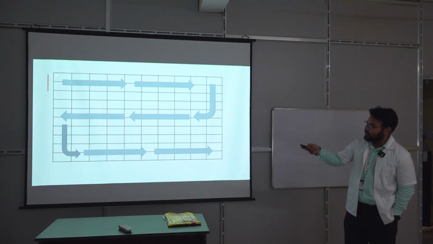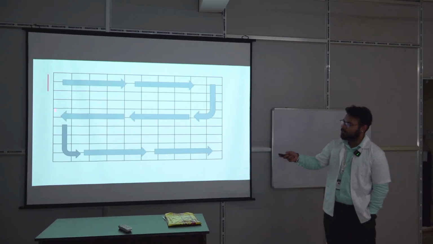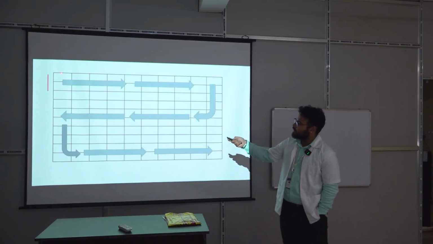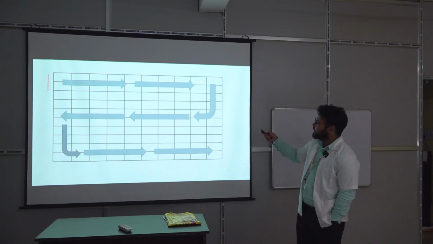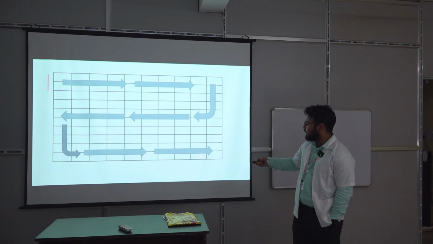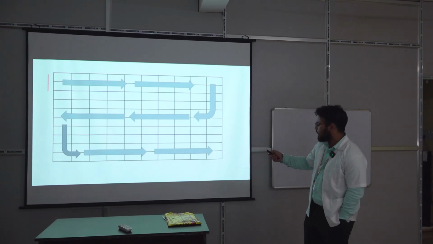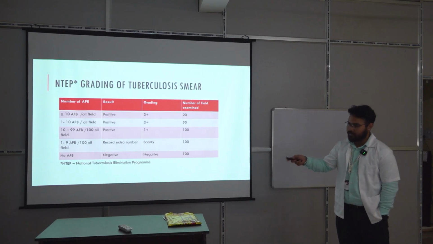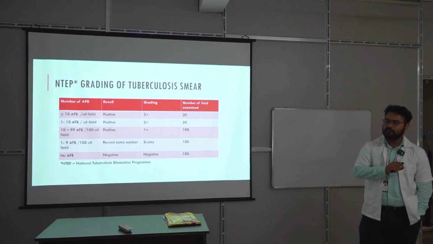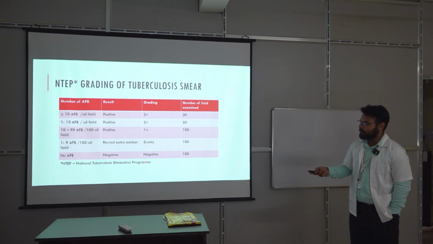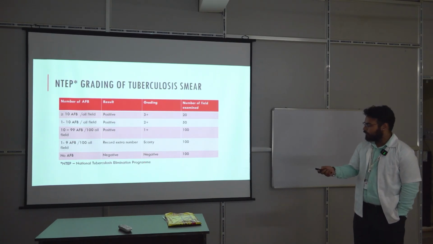So suppose these are 100 fields under the microscope, okay. We'll start from here 1, 2, 3, 4, 5, 6, 7, 8 and so on. We'll follow this zigzag pattern, okay, and we'll end up at 100 fields. Suppose if over the entire 100 fields we see no AFB, that means the interpretation is negative, okay.